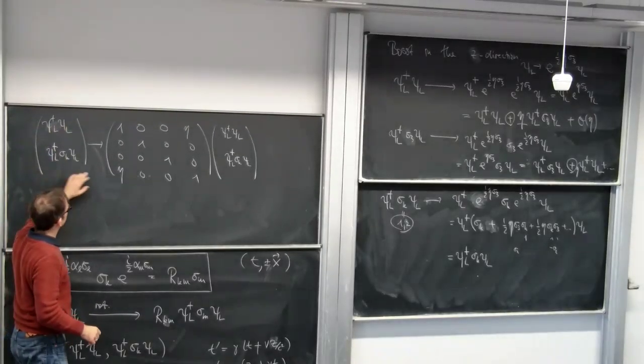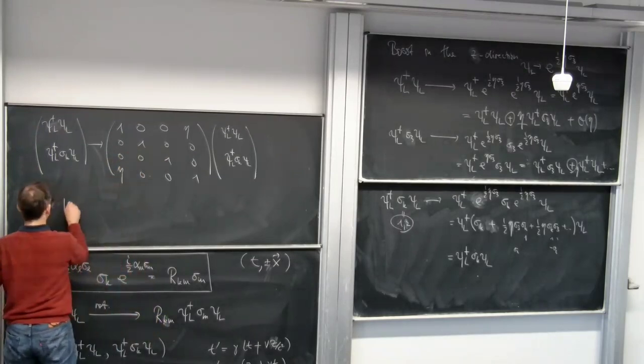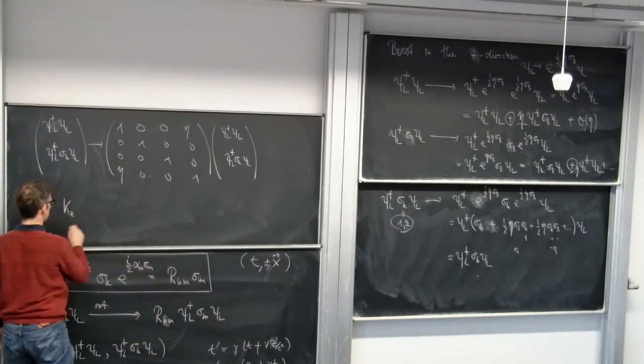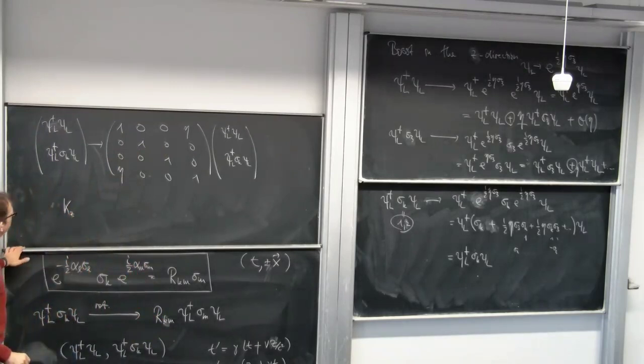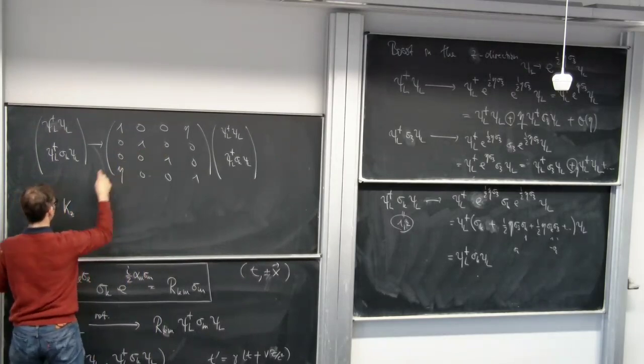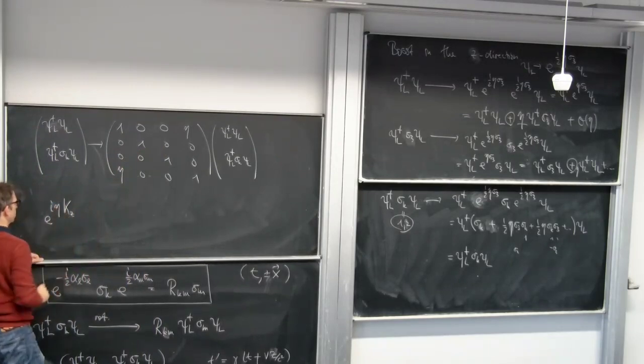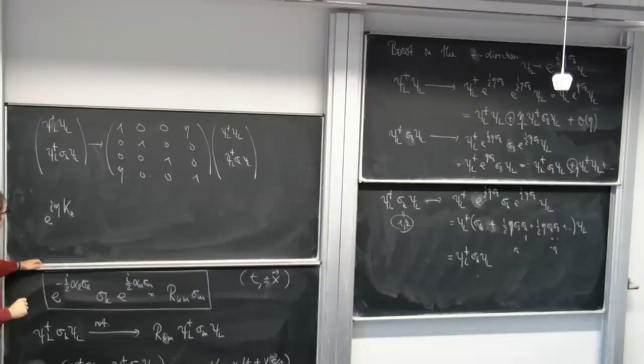And it does look pretty much like the K_z. However, not quite, because it really is the group. It should look like e to the i eta K_z. That's what it's supposed to look like.